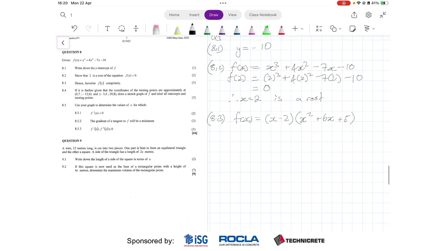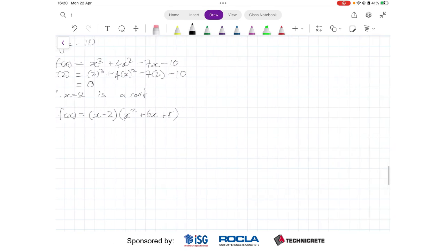Now, this can be found using the long division method, and for those that are interested, it's the bus method that most of you do not like. And then this is x cubed plus 4x squared minus 7x minus 10.